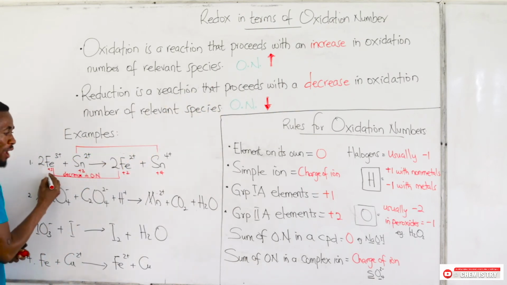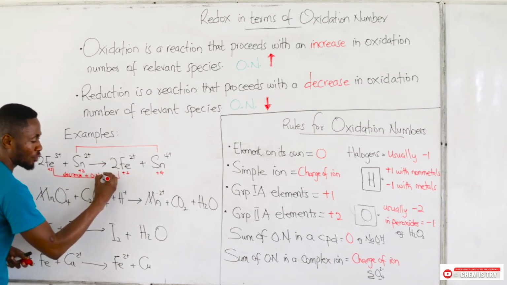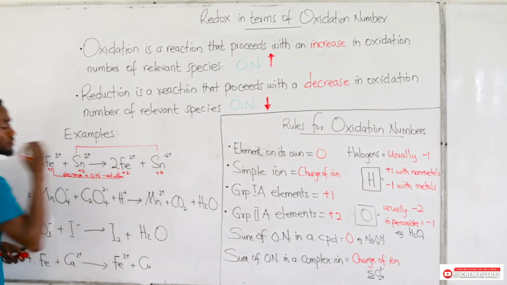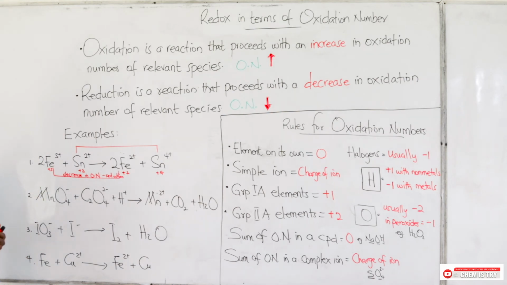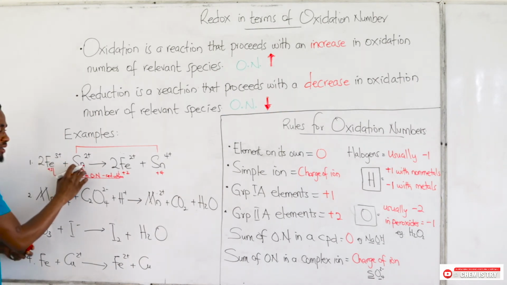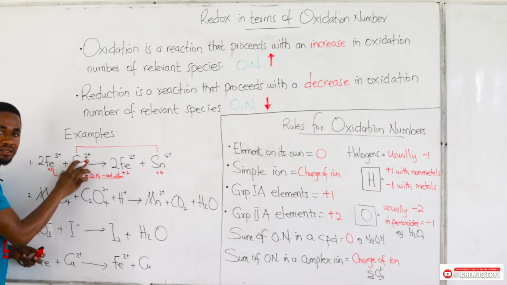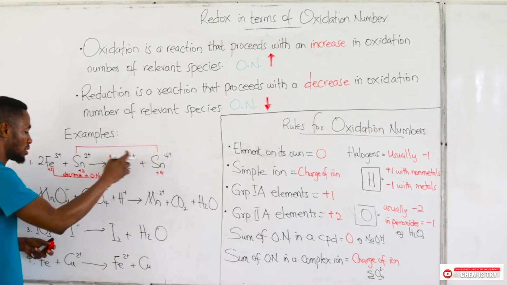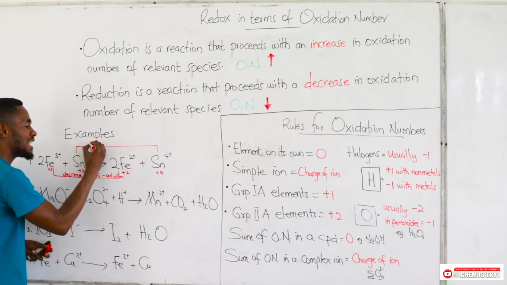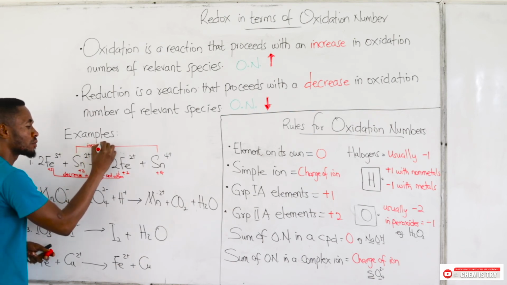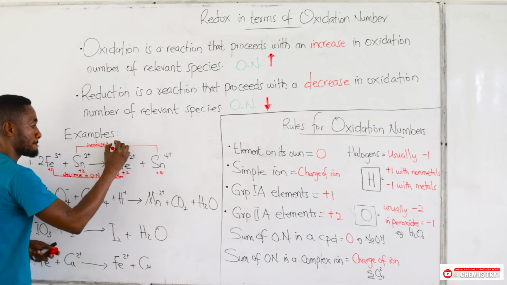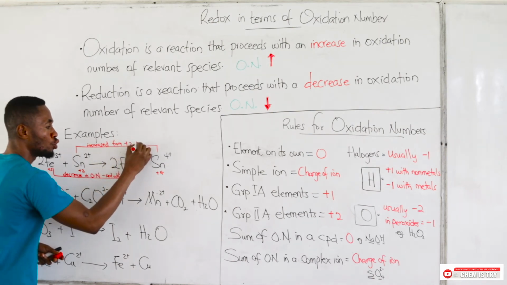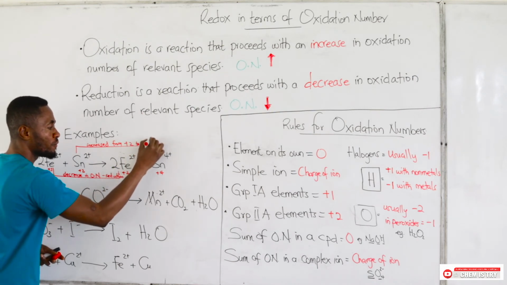So iron 3 plus is undergoing reduction. Let's look at the tin. We had tin 2 plus, later forming tin 4 plus. So its oxidation number has increased from positive 2 to positive 4.